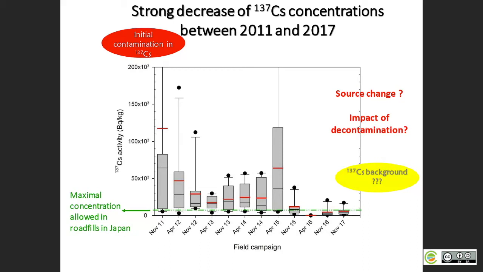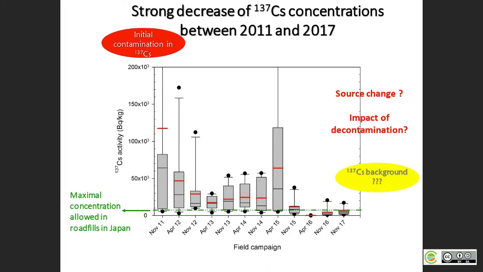We are much higher, but still we decreased this by about 80% at this stage, which probably reflects a change of source, and also the fact that Japanese authorities decided to implement a decontamination program in the agricultural areas of Fukushima.